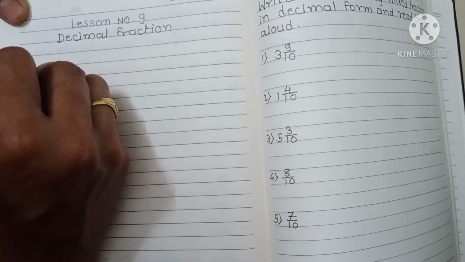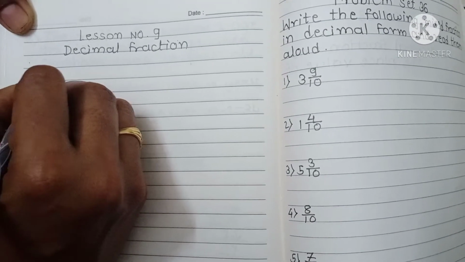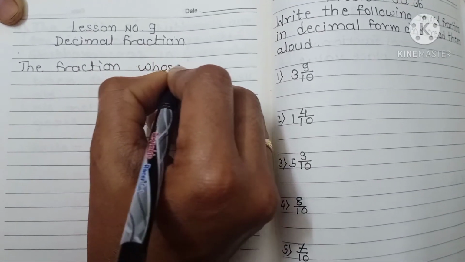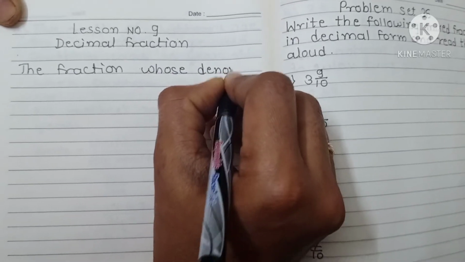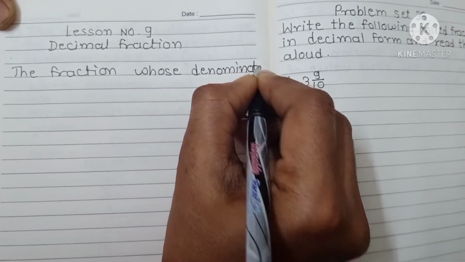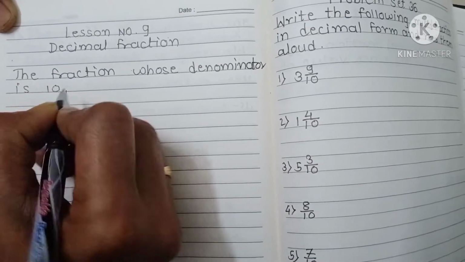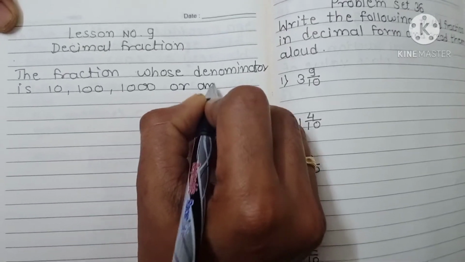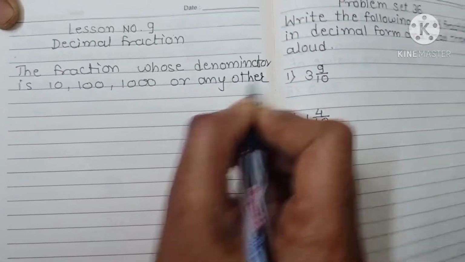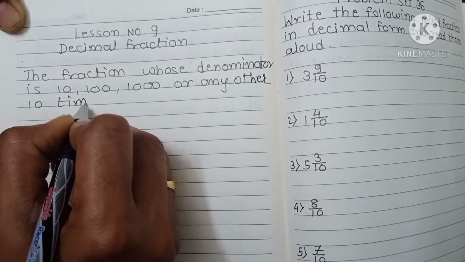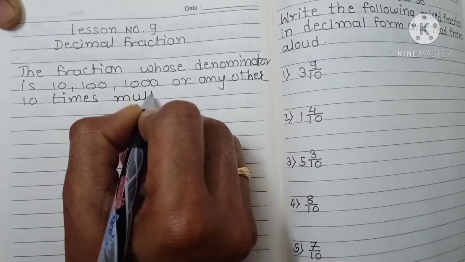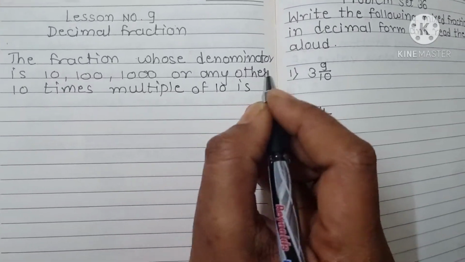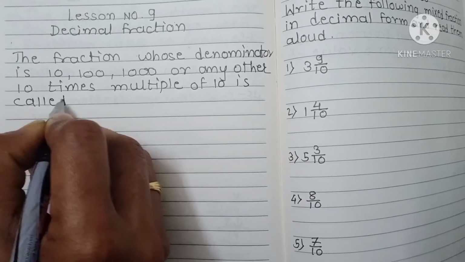Decimal fractions are the fractions whose denominator is 10, 100, 1000 or any other multiple of 10 times, is called decimal fractions.